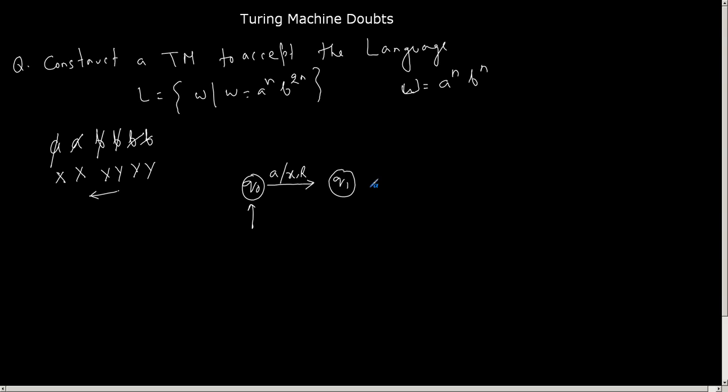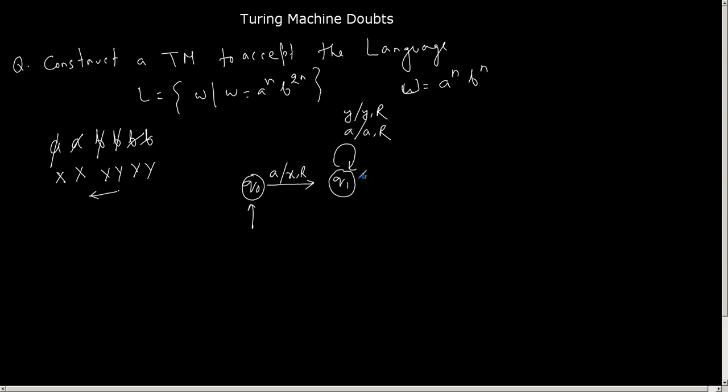In Q1 I may hit another A, where I just move towards right to get the leftmost B. Or it may so happen that I hit a Y also. Understood? If I hit a Y, then also I will just skip that Y and move towards right to get the leftmost B.